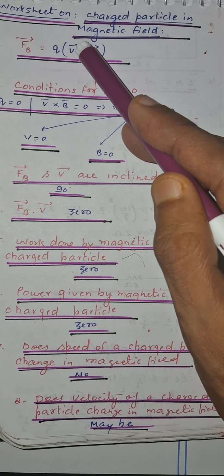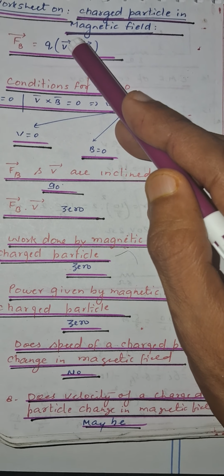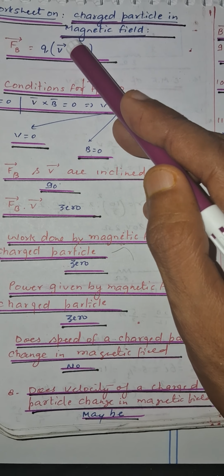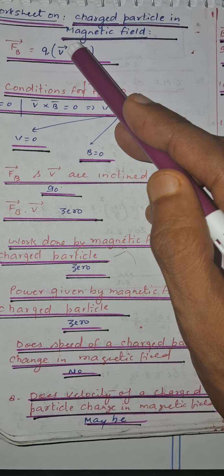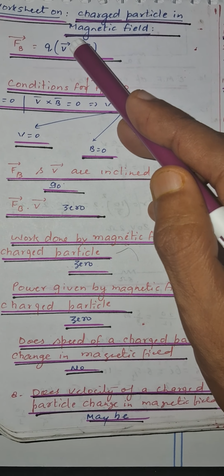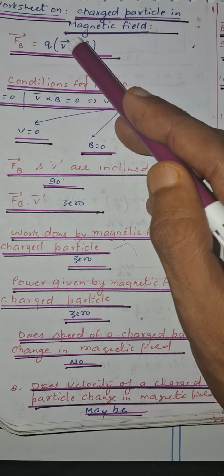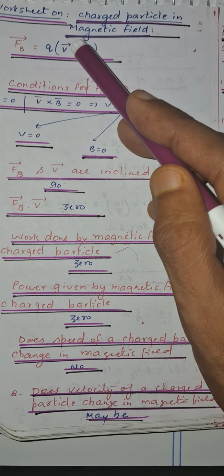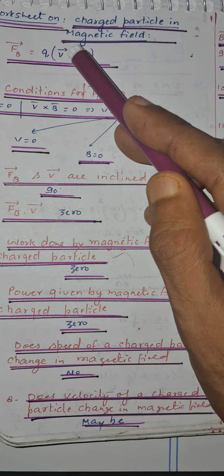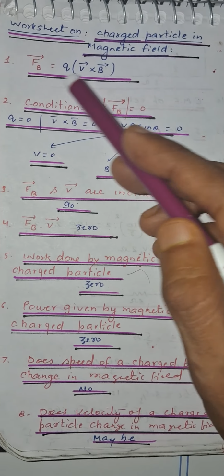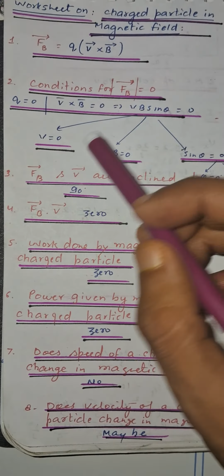That means it cannot increase the speed or the magnitude of velocity, or the work done by the magnetic field on a moving charge is zero, or there is no change in kinetic energy or the magnitude of momentum of a charged particle which moves in a magnetic field. So these concepts can be fetched out from over here.